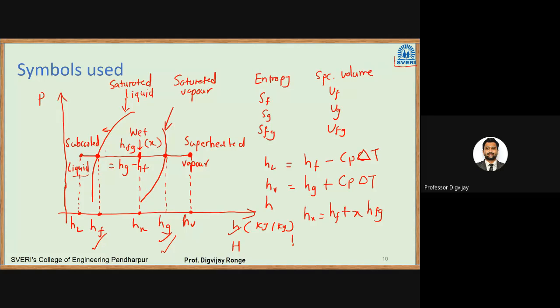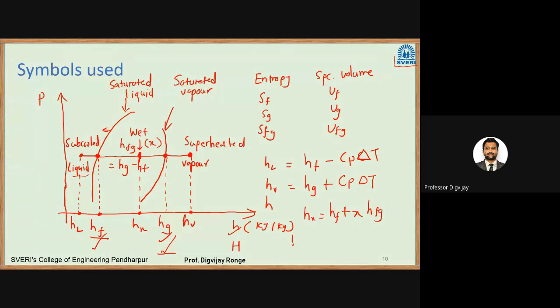If you take enthalpy on the saturated liquid curve, we call it HF, which is the enthalpy of liquid. If you take enthalpy on the saturated vapor curve, we call it HG, that means enthalpy of gas.